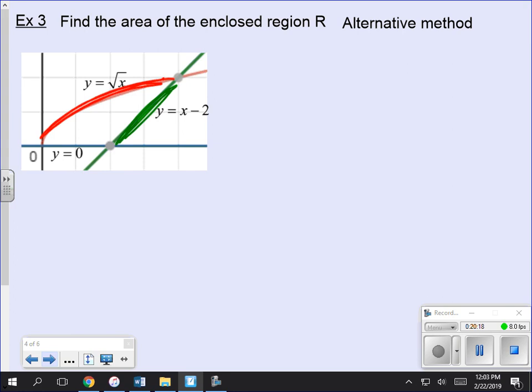These equations are not in terms of y, they're in terms of x. So I have to take them and rewrite them as x equals. But sometimes it's harder to do than others. Sometimes it's really hard to do. This one's not so bad.